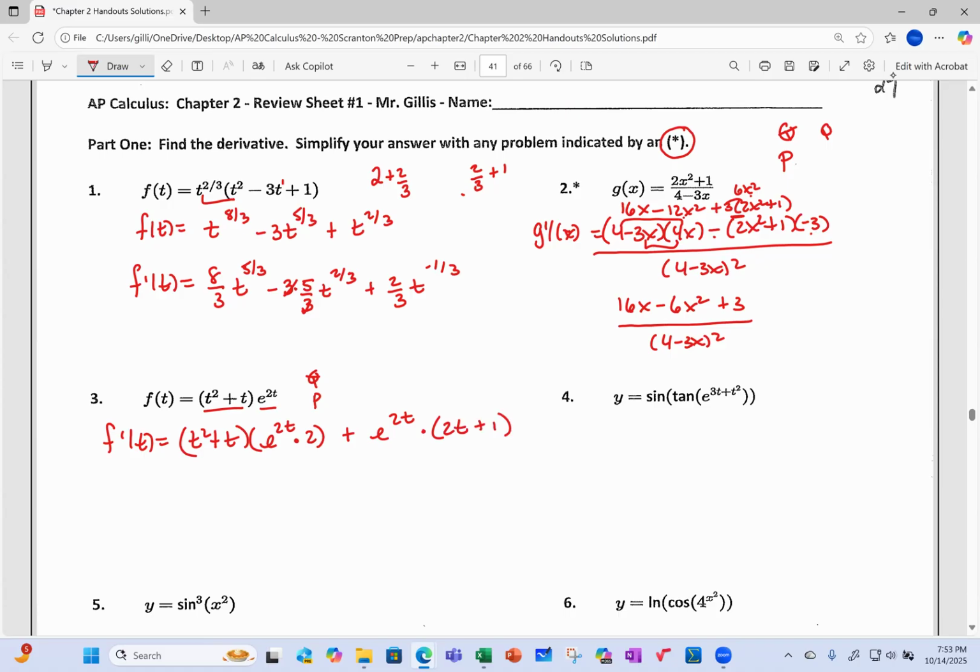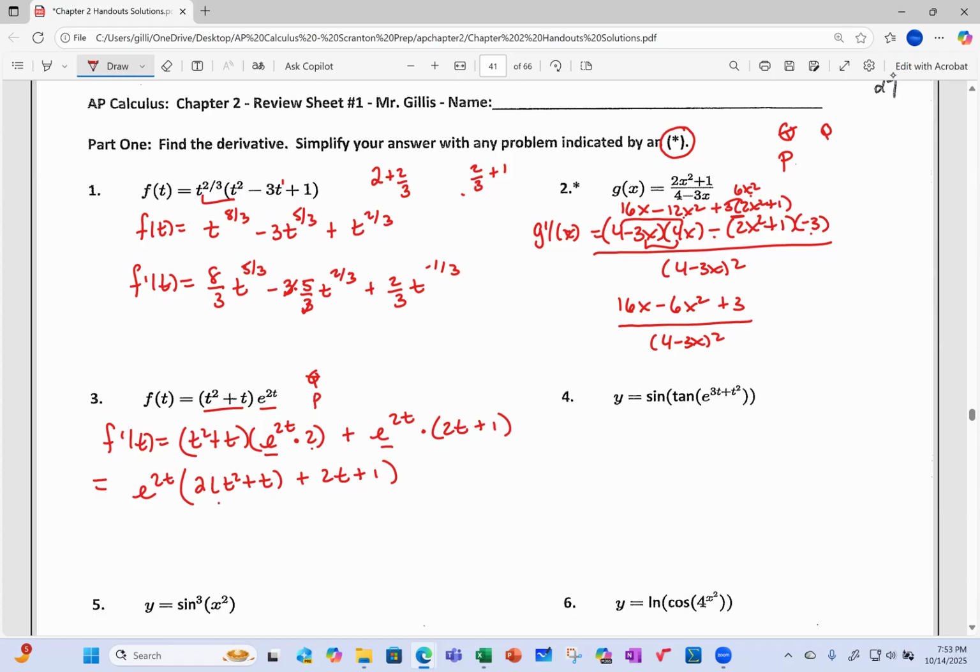And although this does not have an asterisk with it, we're going to clean it up anyway. And factoring is the name of the game. So I'm going to factor out an e to the 2t. And what's left, very carefully, is 2 times t squared plus t, plus 2t plus 1, if I see things right.